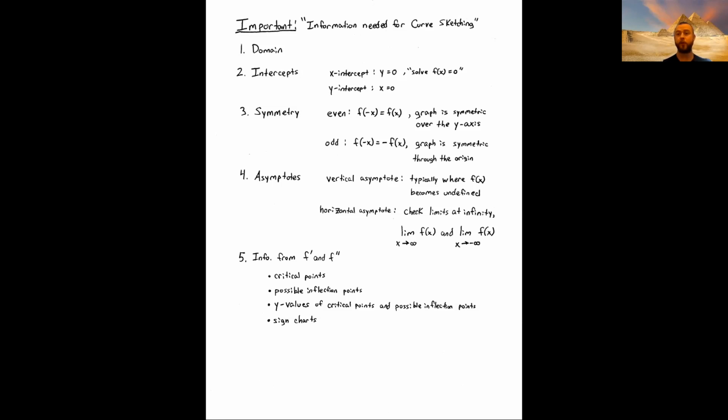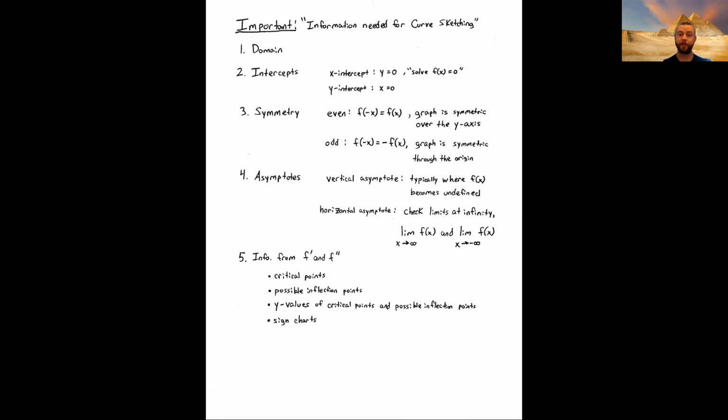We would also want the corresponding y coordinates for any and all critical points and possible inflection points. And you can just plug those x values back into your original function. In other words, f of x or y, plug in an x value, it is the original function that gives you the y values or y coordinates.